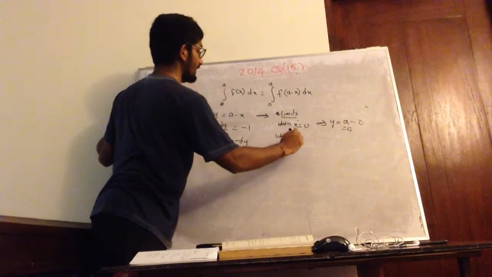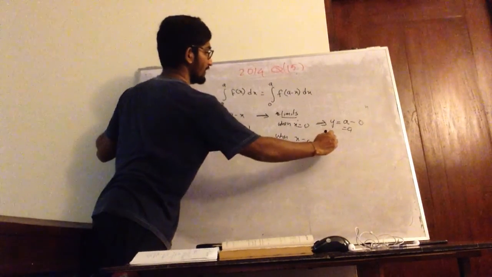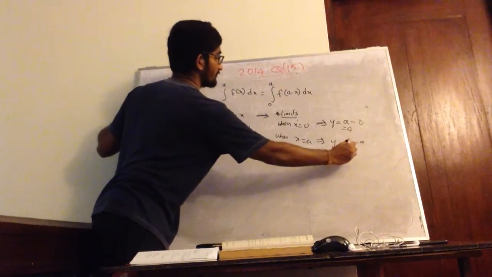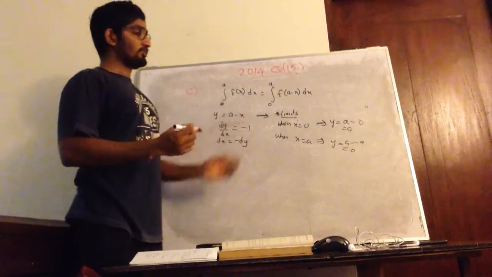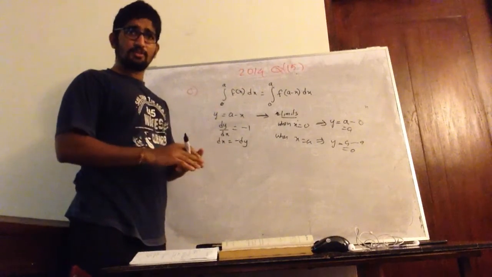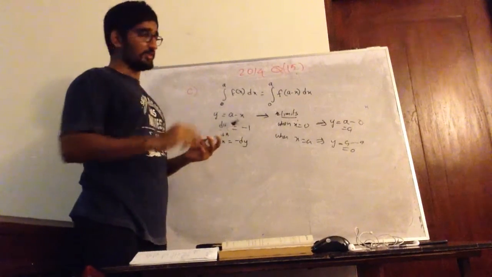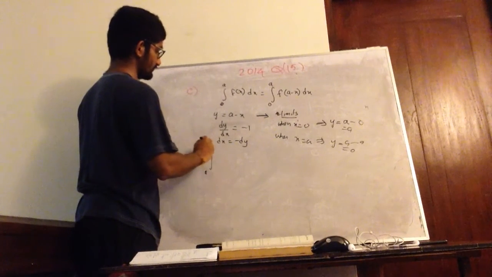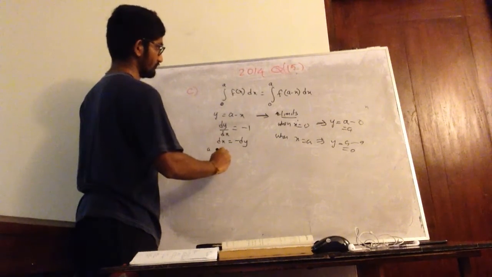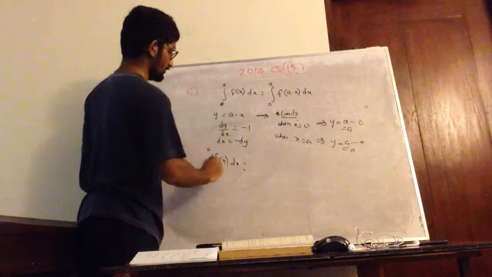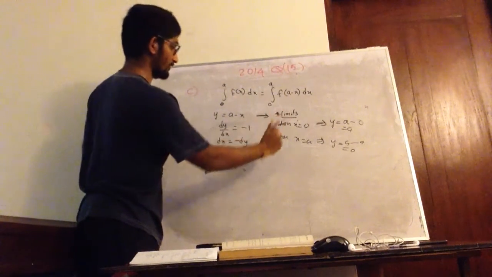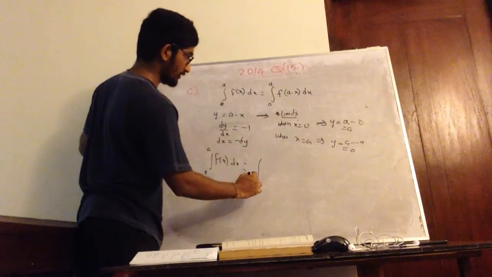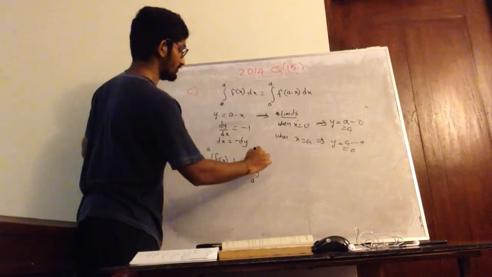When x equals a, y becomes a minus a, that means 0. So we found the limits as well. So now I can write this as, limits, where x goes from a to 0.